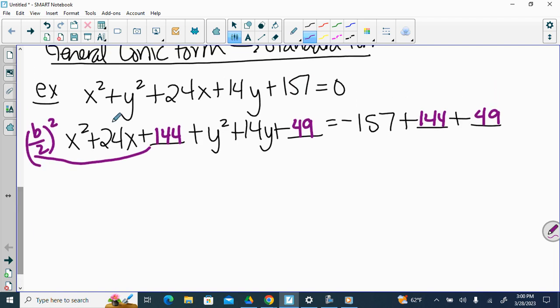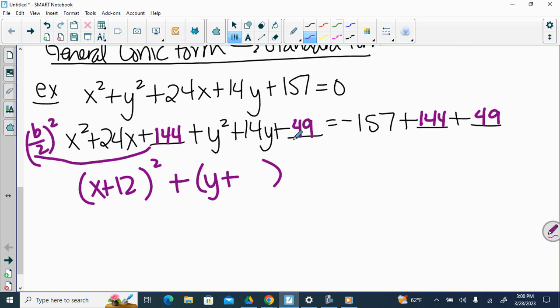Now at this part, we just have to write this as a quadratic. That is x plus 12 times x plus 12, because 12 times 12 is 144 and 12 plus 12 is 24. On the other one, in the same way, see if you can figure it out. It's going to be y plus what two numbers multiply to 49 and add to 14?